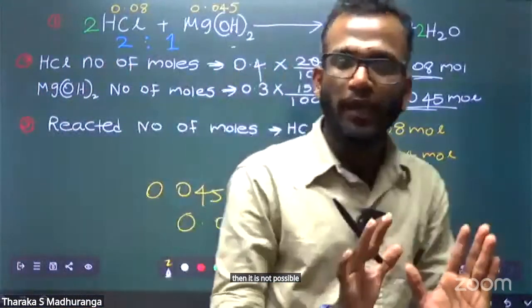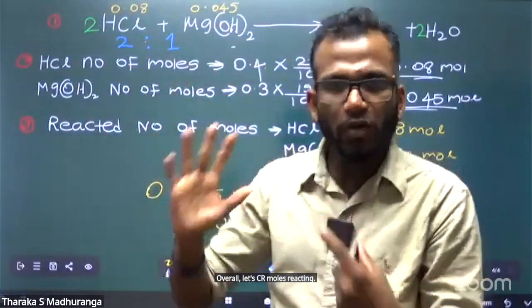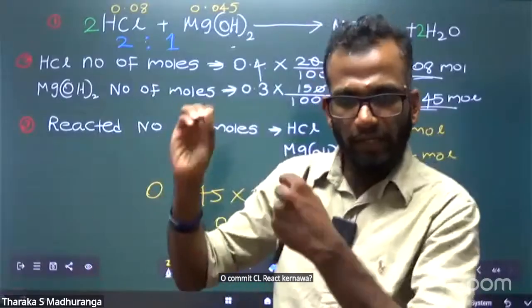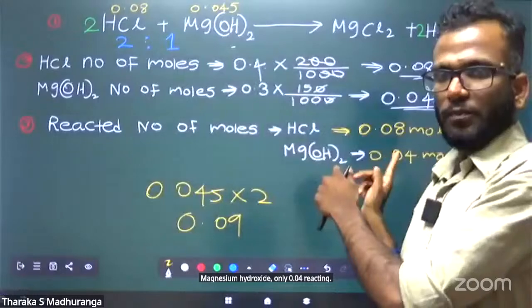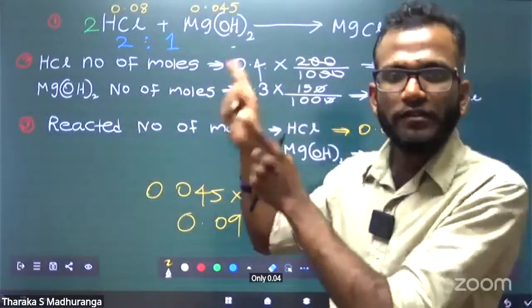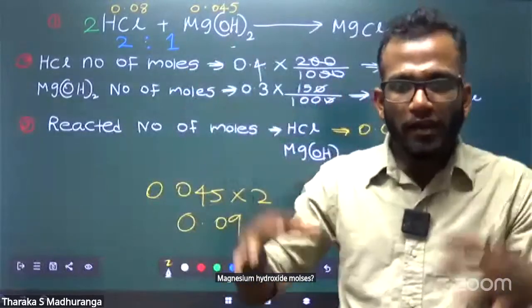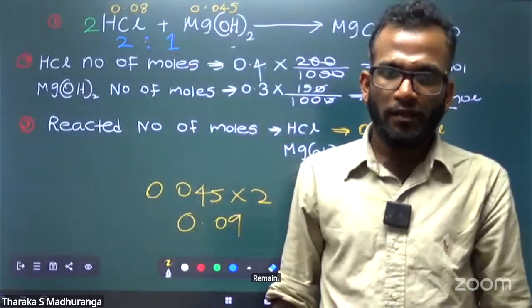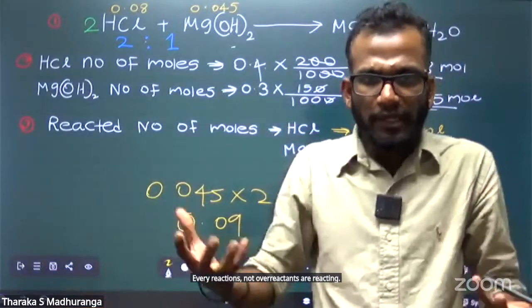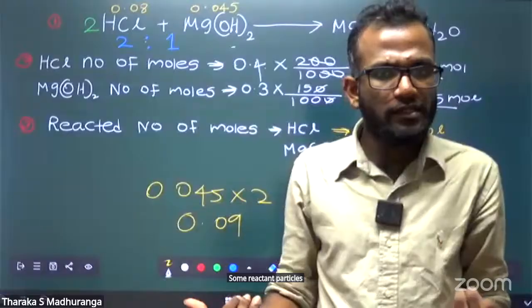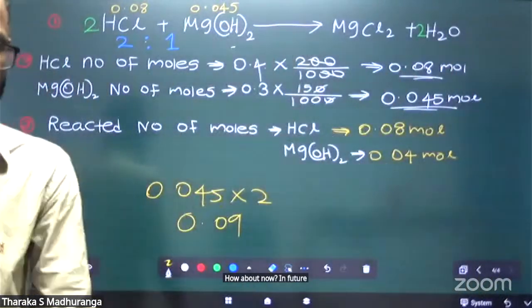So the actual way is all HCl moles reacting and magnesium hydroxide only 0.04 reacting. 0.005 moles of magnesium hydroxide remain. In every reaction, not all reactants react. Some reactant particles remain, not reacted. How about now? In future questions you can understand.